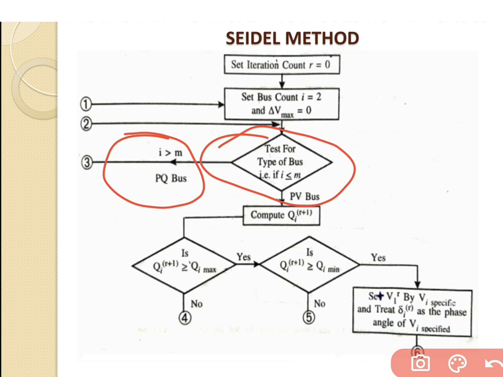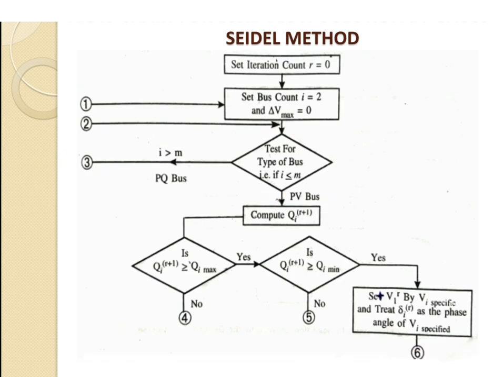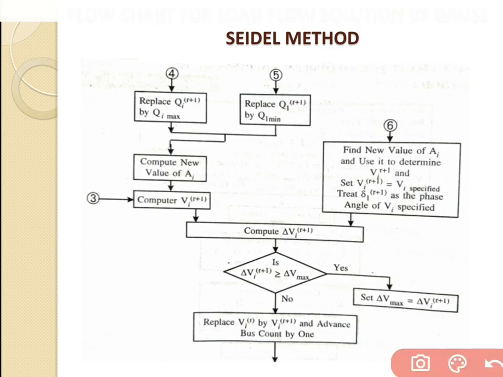If the bus is a PQ bus, that is, i greater than m, in that case we say it is a PQ bus, and that goes to point number 3. So point number 3 comes over here.